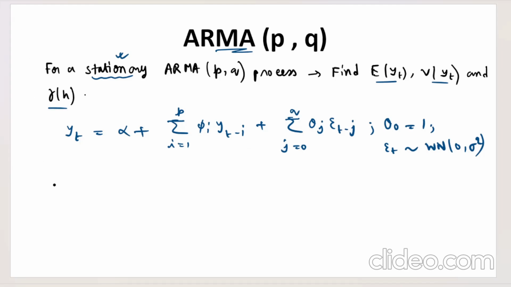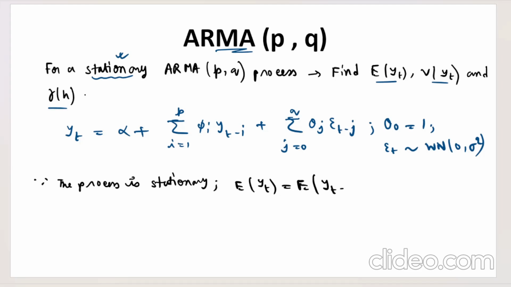Now, since the process is stationary, we can ignore the time point. So expectation of y_t has to equal expectation of y_{t-i} for all i from 1 to p.